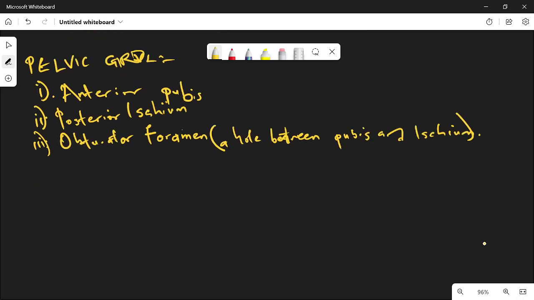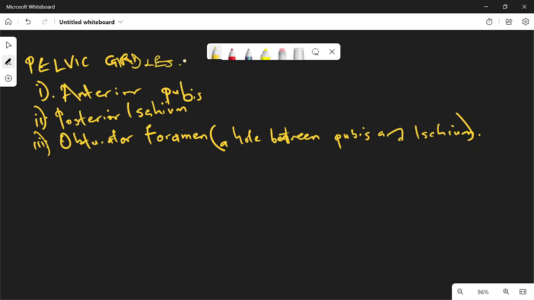So those are the bones that make up the pelvic girdle. The pectoral girdle is the girdle of the upper limbs, while the pelvic girdle makes up the lower limbs, which are the legs.